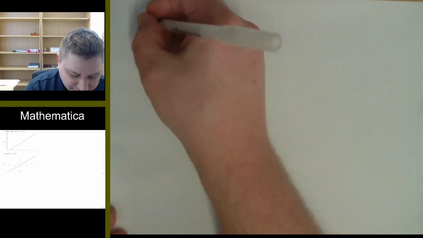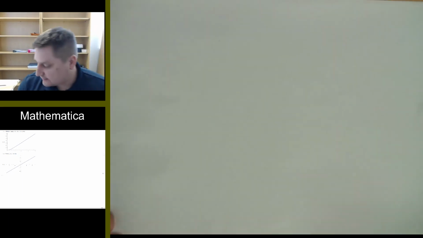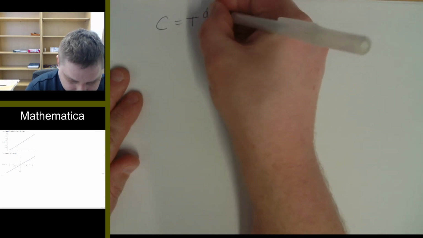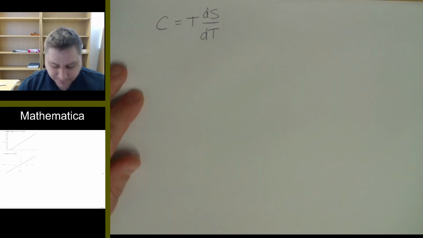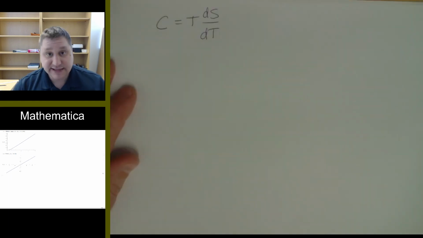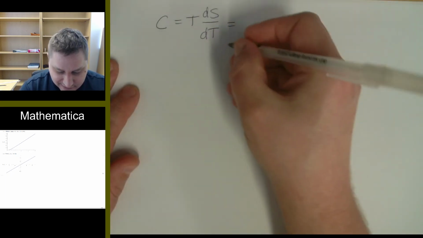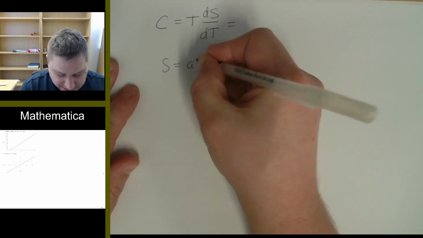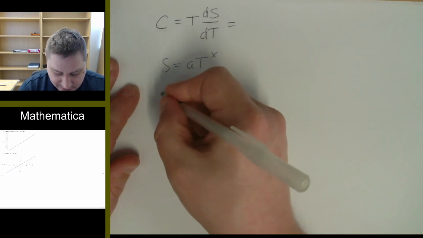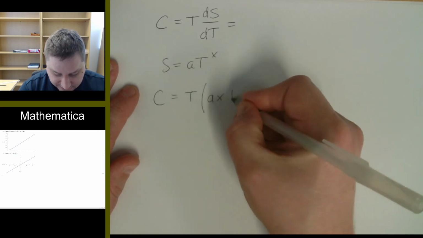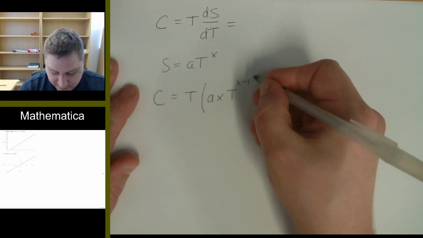So the last version of the third law we can get is to express it in terms of heat capacity. So C is T times ds/dT. It's a little bit connected to what we did at the start. Under our assumption that S equals A times T to the X, this heat capacity will be C equals T times A X T to the X minus 1.